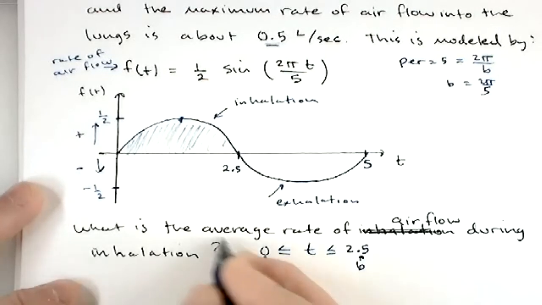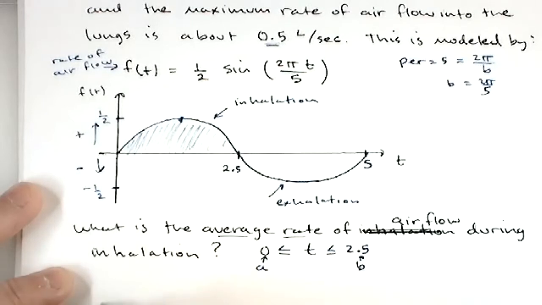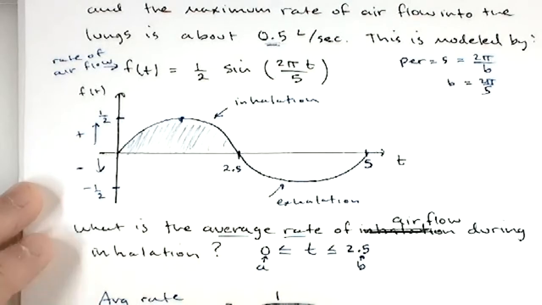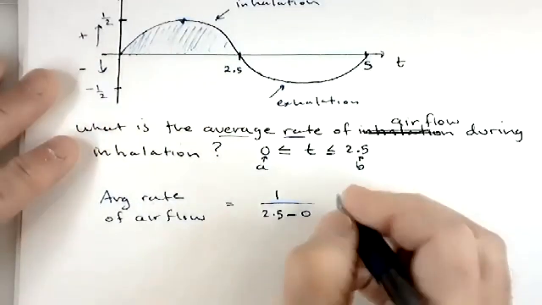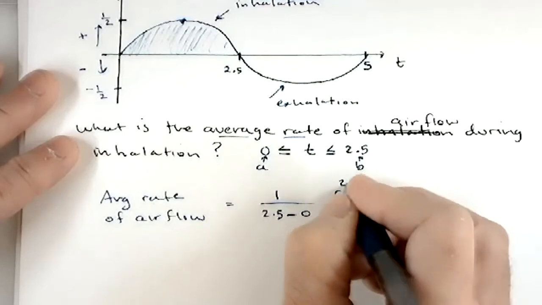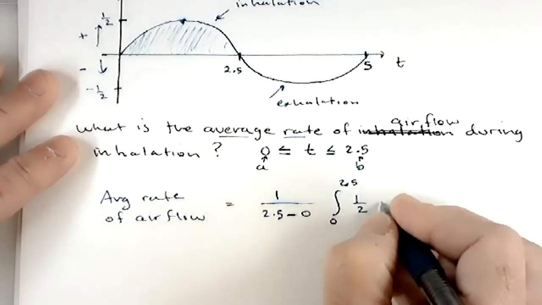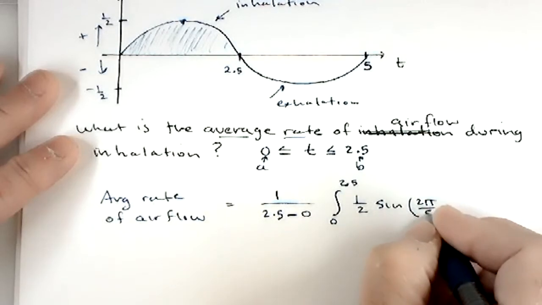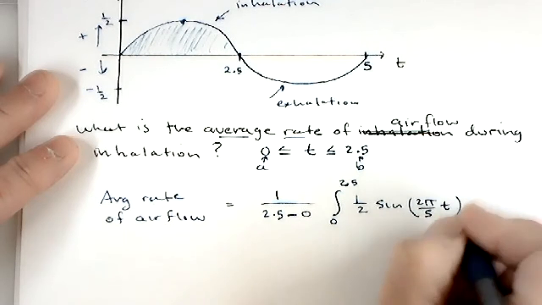So our formula for the average rate of airflow is going to be equal to 1 over B minus A. So 1 over 2.5 minus 0, times the integral from 0 to 2.5 of 1/2 sine of 2 pi over 5 times t.